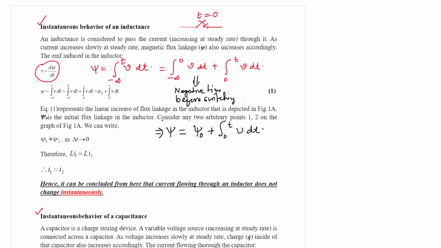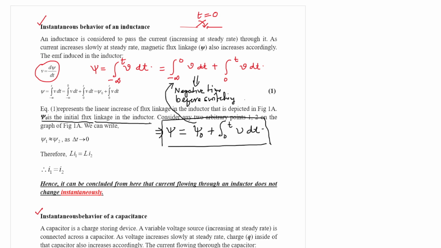That is a very important equation. Psi 0 is this integral from minus infinity to 0, so psi 0 is nothing but the initial flux linkage in that inductor.